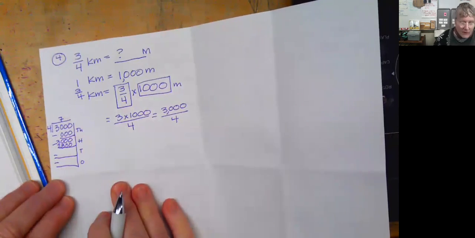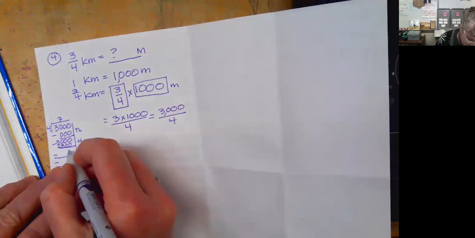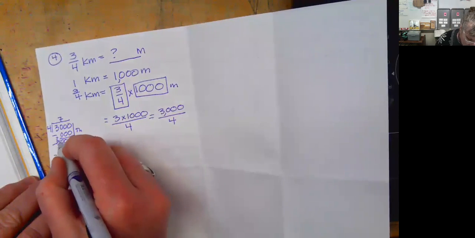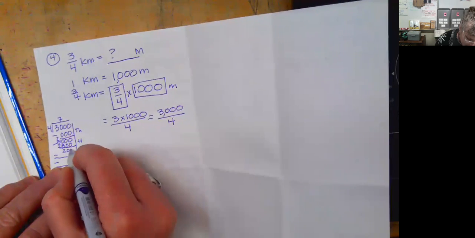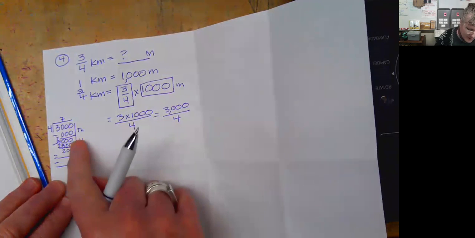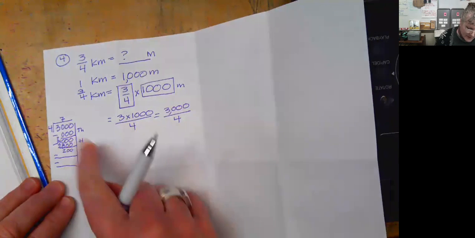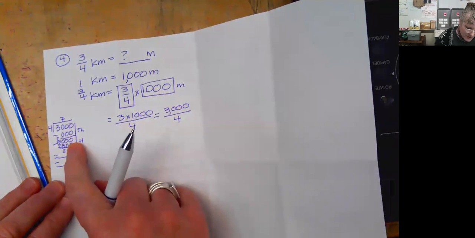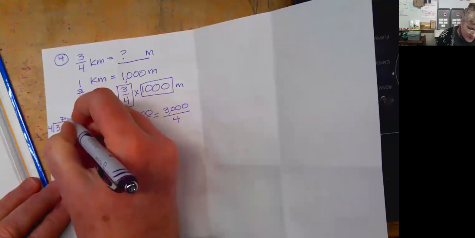2,800, right? When I subtract, I get 200. Now I'm looking in the tens place, right? So I'm going to be looking at 20 because I'm in tens territory. So 4 will go into 20 5 times.